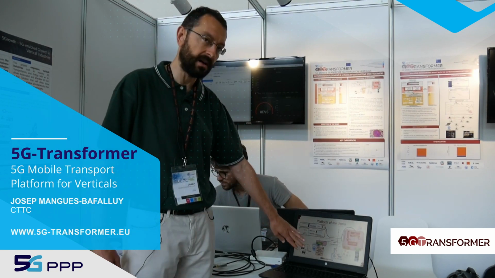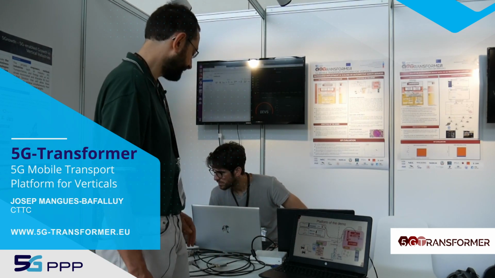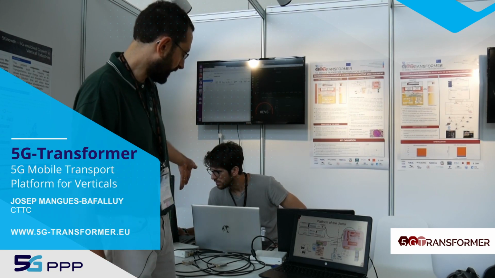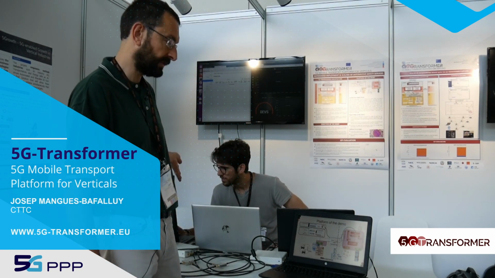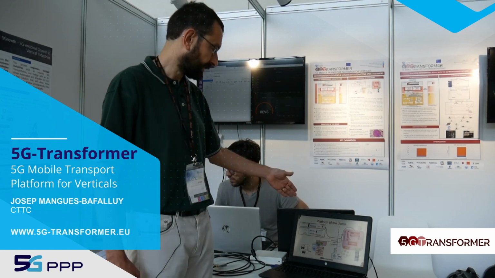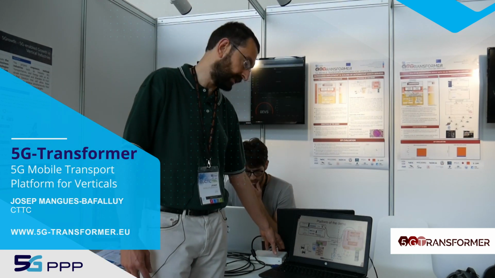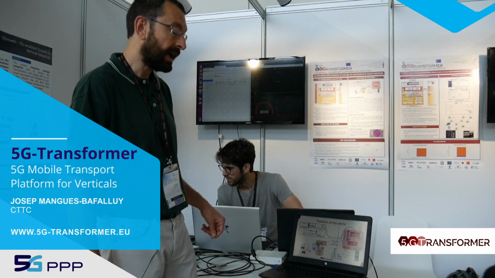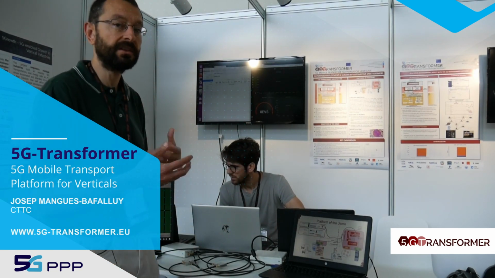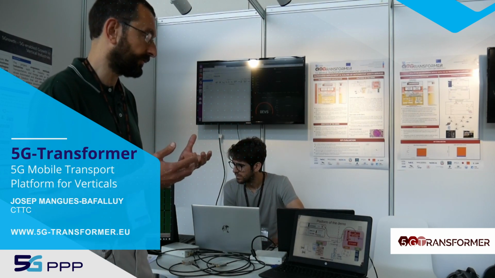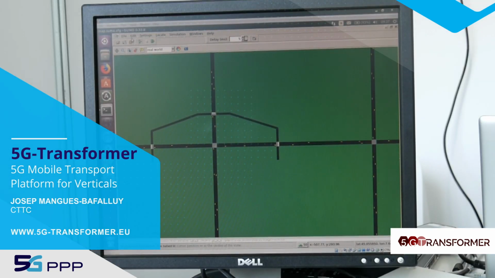Additionally, we also have a RAN. In this case, that laptop over there together with this node represents the eNodeB. This laptop together with this node represents the UE, and the cars are emulated. We generate a trace of mobility of cars with the SUMO simulator.